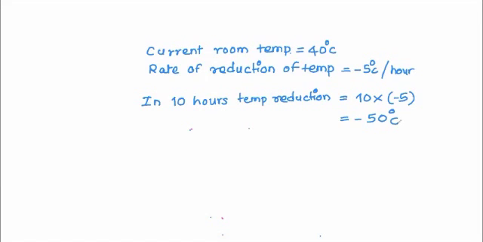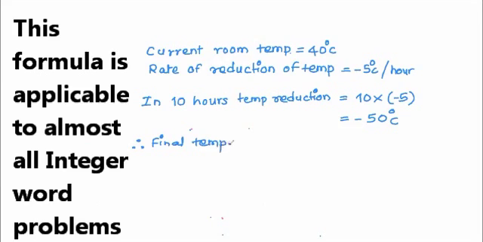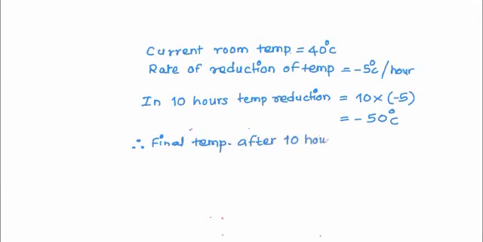Now, what is the final temperature? Therefore, final temperature after 10 hours is equal to the current temperature, which is 40 degrees, plus the reduction, which is minus 50 degrees.